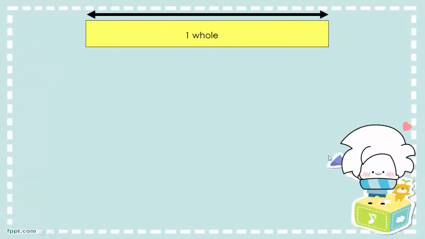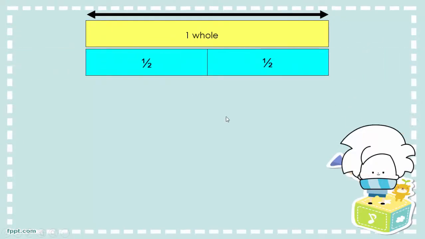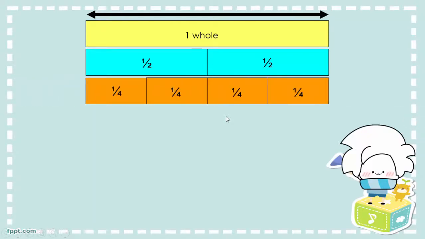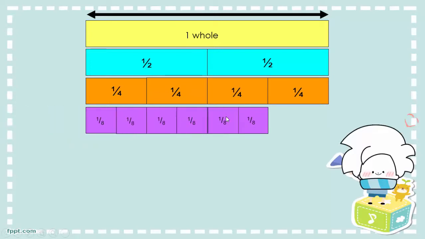Equivalent fractions are, for example, if we have one whole of something, we can break it down into 2 halves, 4 quarters, 8 eighths, etc. But yet they are all exactly the same size, which means that they are equivalent.